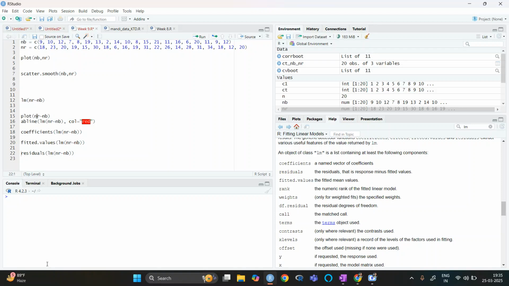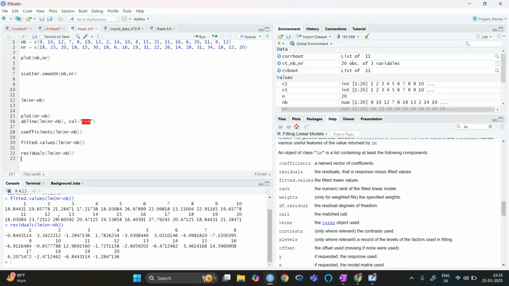So we have these coefficients, these are fitted values, and these are the residuals. So the real number of runs is 18 and the fitted one is 18.84. So the residual is minus 0.84. So you can see that here it has increased, then decreased.